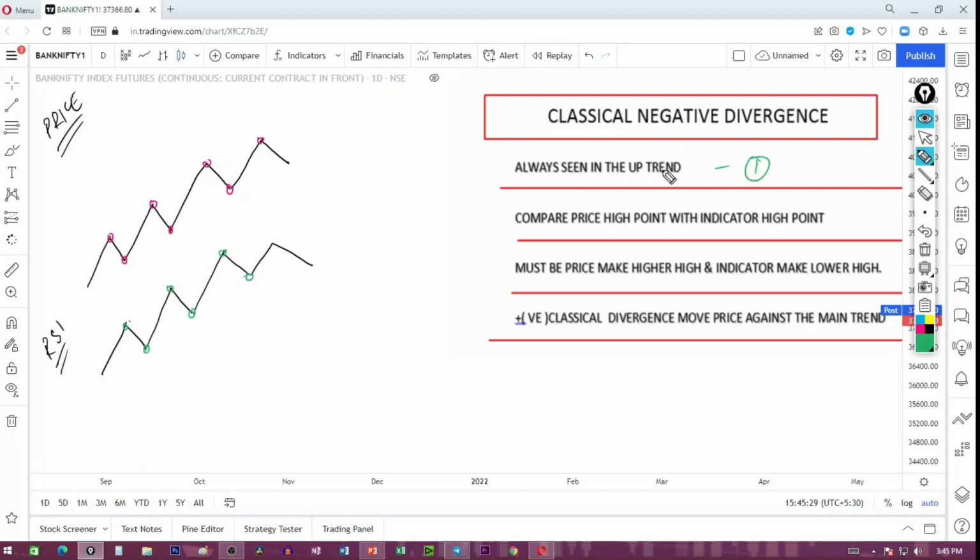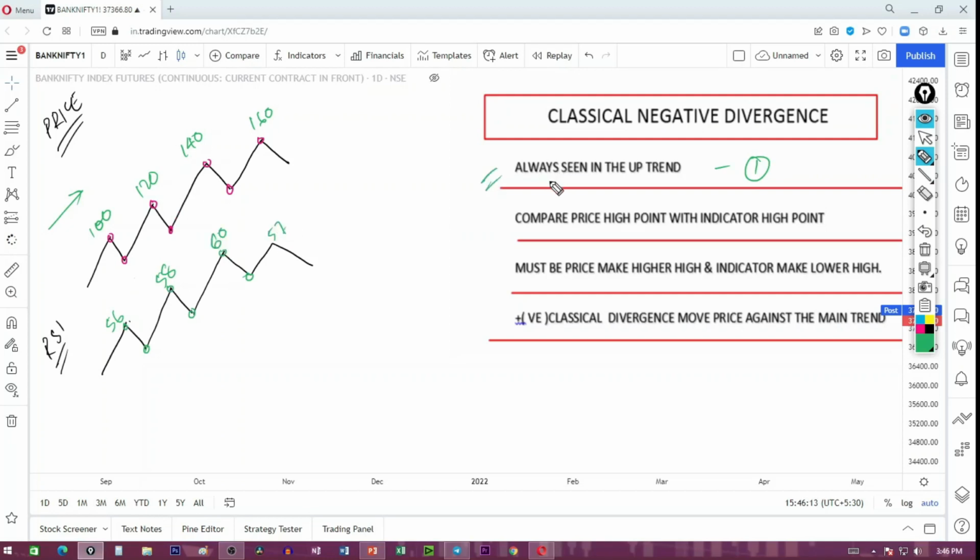Point number one: classical negative divergence is always seen in an uptrend. So this is an uptrend. Price may be 100, 120, 140 and 160, and the RSI points will be 56, 58, 60 and 57.